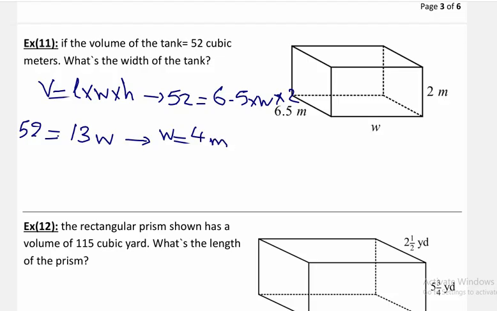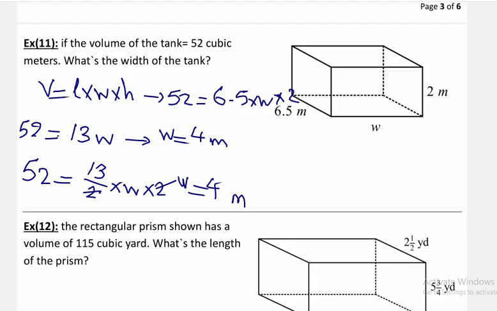Another way of calculation. 52 equals 6.5, it's 13 halves times W times 2. 2 cancels 2. Again 52 divided by 13, then W will equal 4 meters. It's very simple.